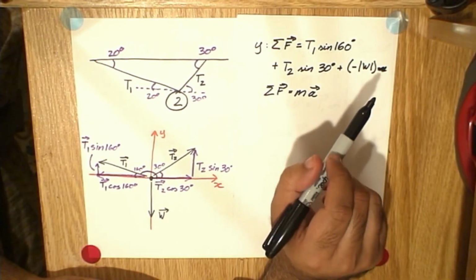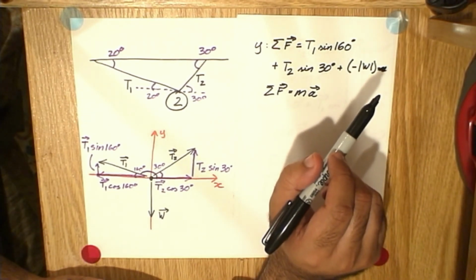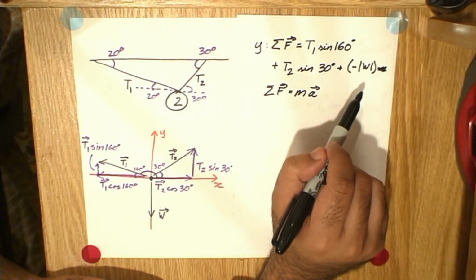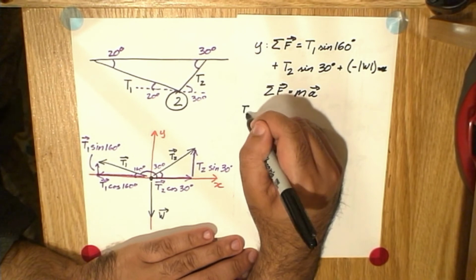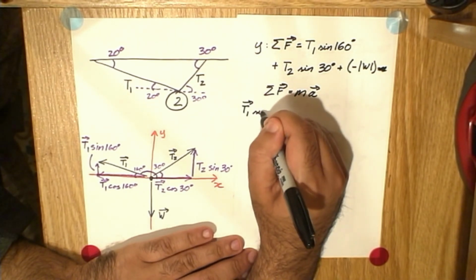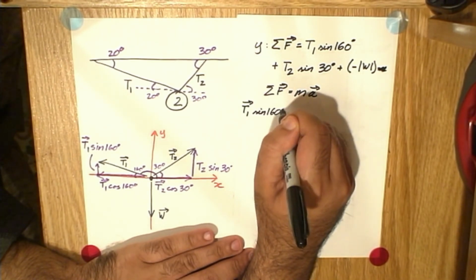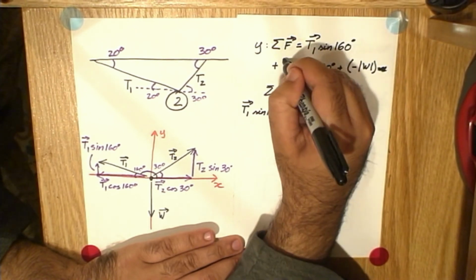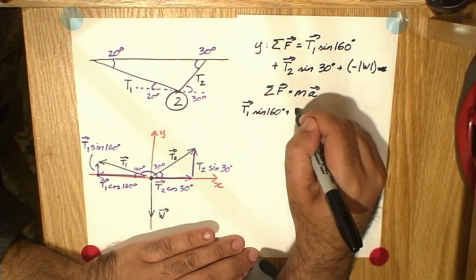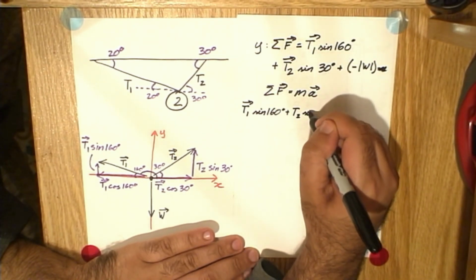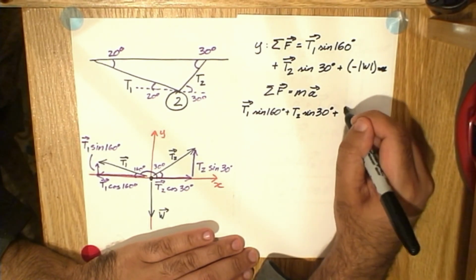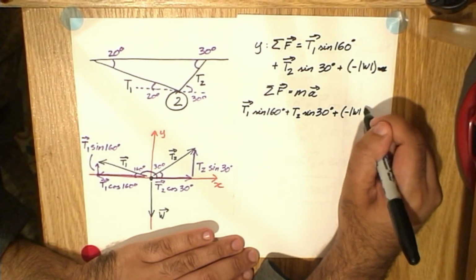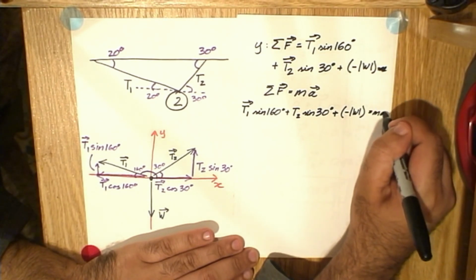Now, we could start simplifying this a little bit. I'm going to combine them first. So we now have T1 sine 160 degrees plus T2 sine 30 degrees plus negative absolute value of W equals mass times acceleration.